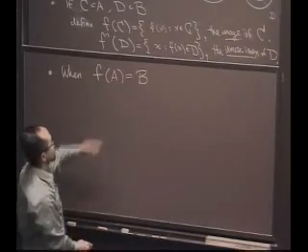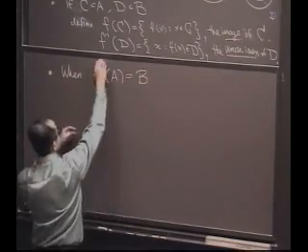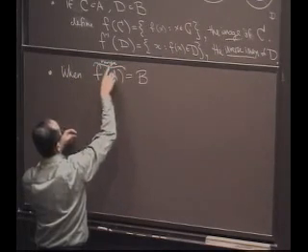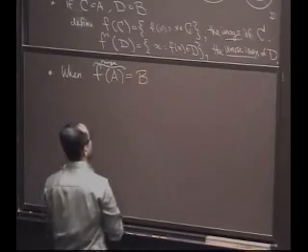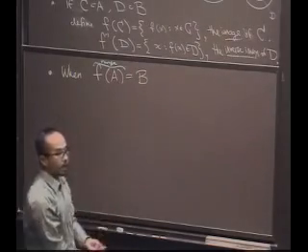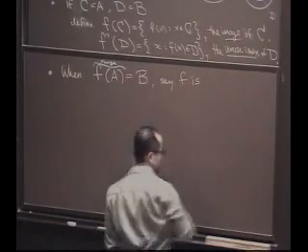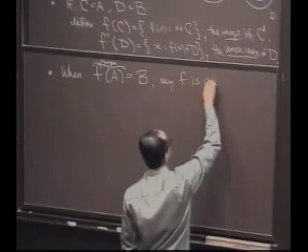The range is f of A. So this is the range. It's the image of everything in A. When the range is all the codomain, then we say that f is onto. It's an onto function.